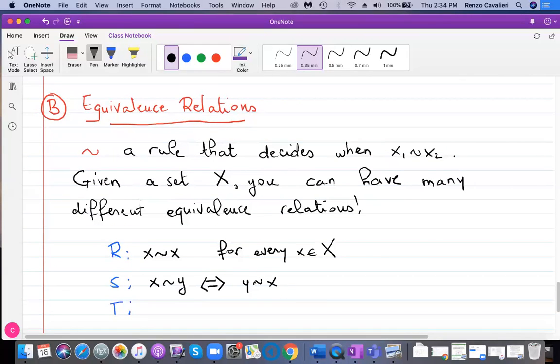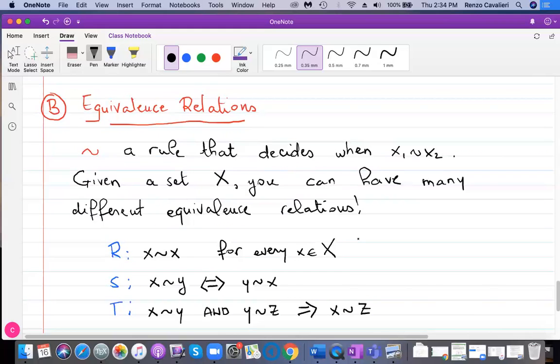And the transitive condition is that if an element X you decide is equivalent to Y, and then you decide that Y is equivalent to a third element Z, then you have no choice. You have to make X and Z equivalent also. Okay? And so if you imagine yourself as the equivalence relation master, right?